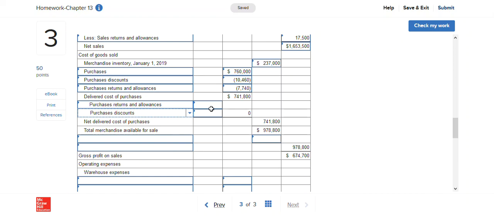Purchase returns and allowances, purchases discounts, and so we're just going to bring those down. And I'm not sure if it's going to make us put the minuses in or not, but I don't think it will since we're moving them down. I put the wrong amount in there.